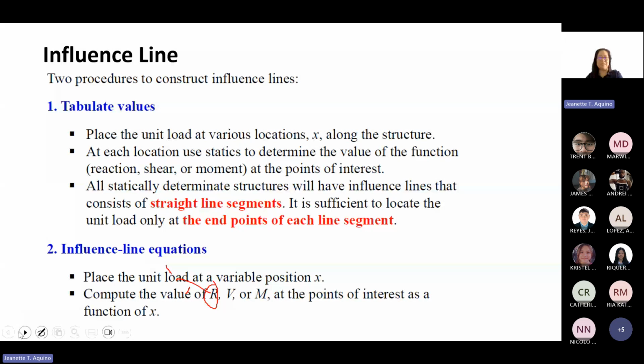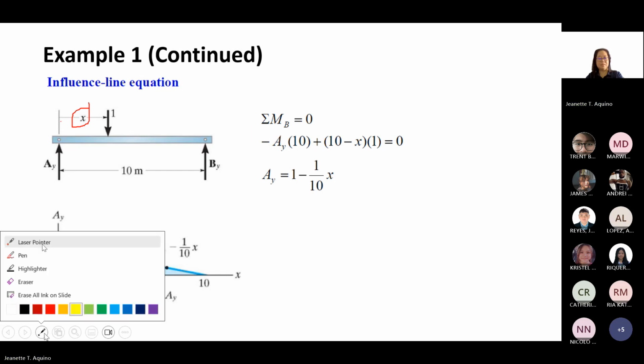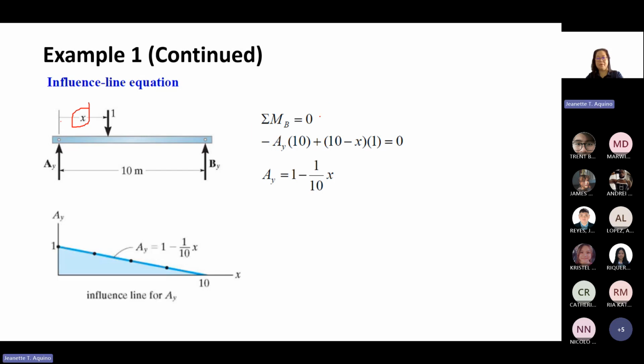Okay, so let's go back here. We put it at distance X, so here is X, and the load is 1. Then take the moment at B. Counterclockwise positive.